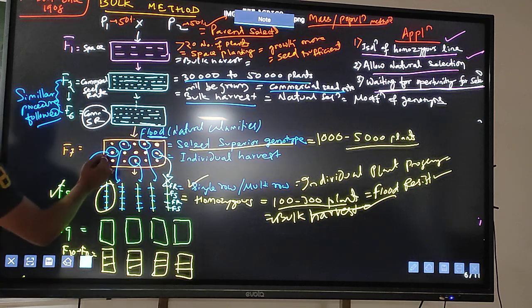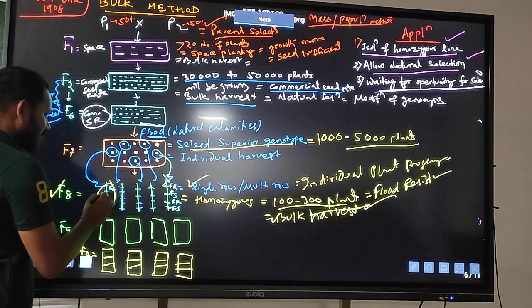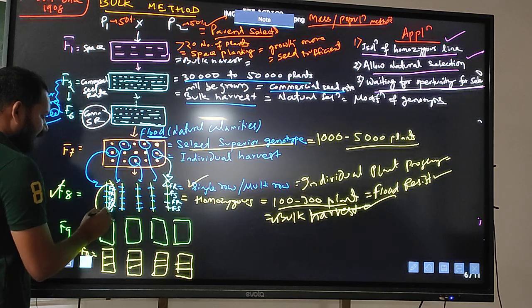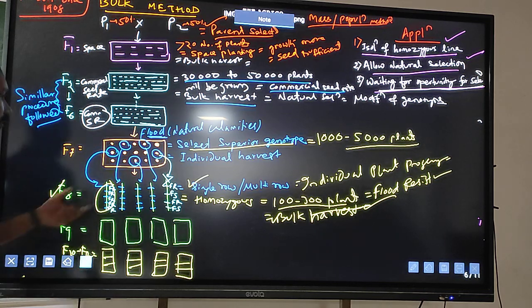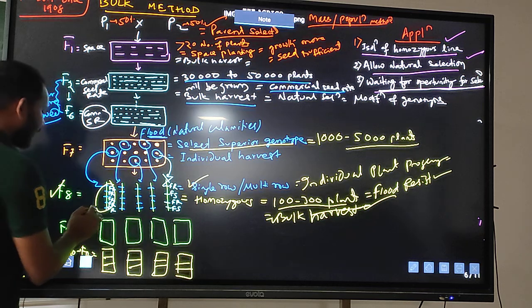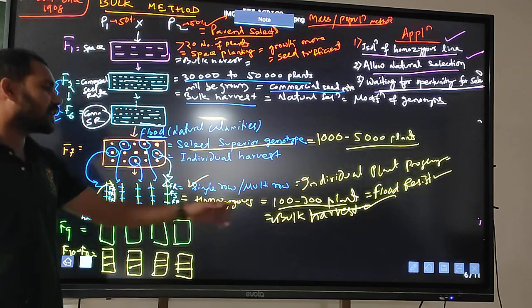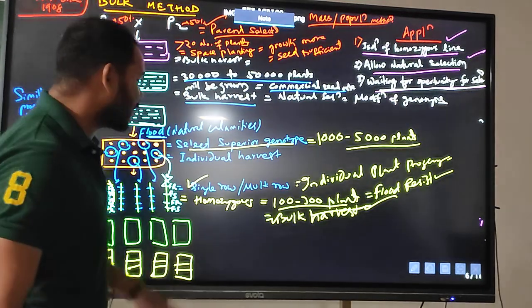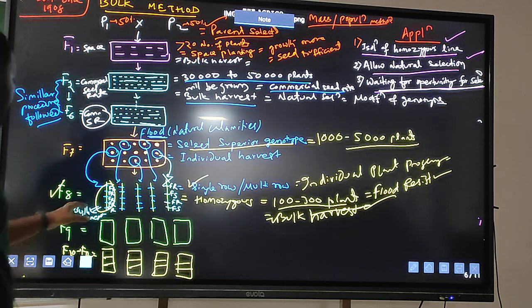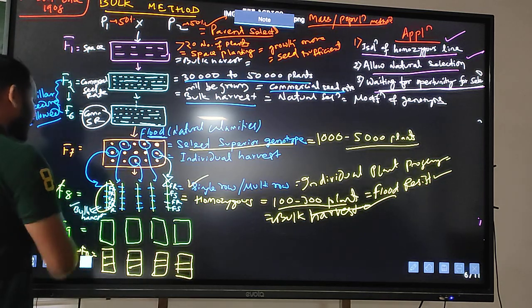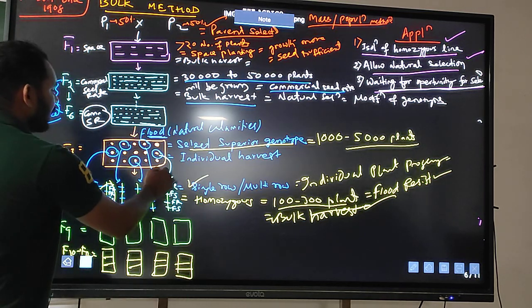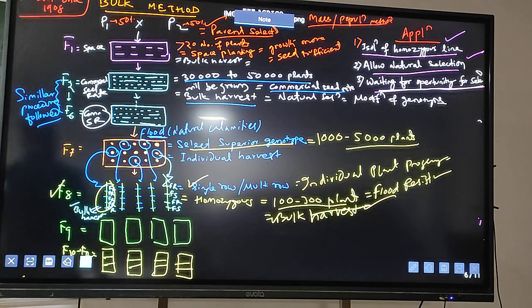If all the plants are flood resistant, then I can say these are homozygous in nature, so they are selected and go for bulk harvest. How many plants will I select? 100 to 300 plants, then go for bulk harvest. If there is a segregating generation, then just reject that plant.